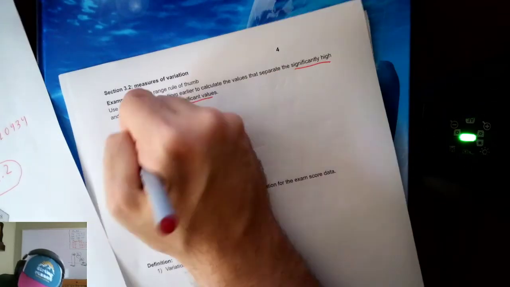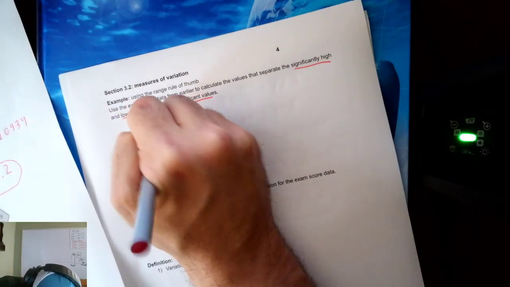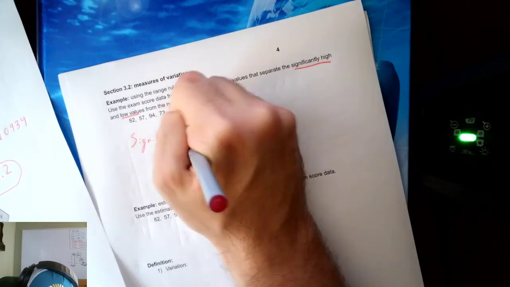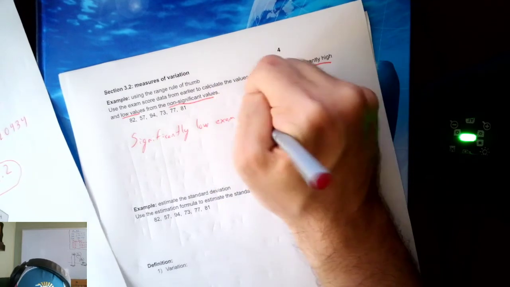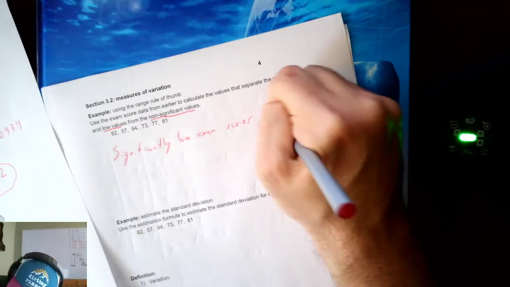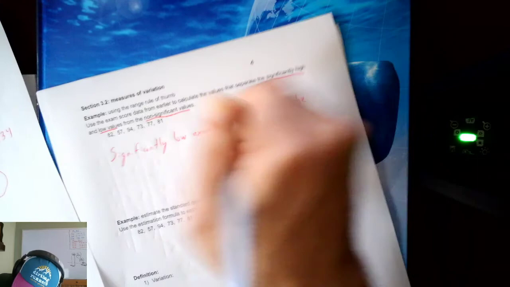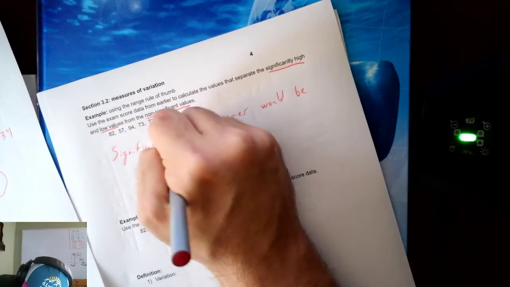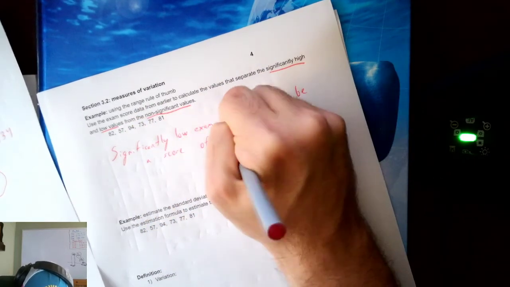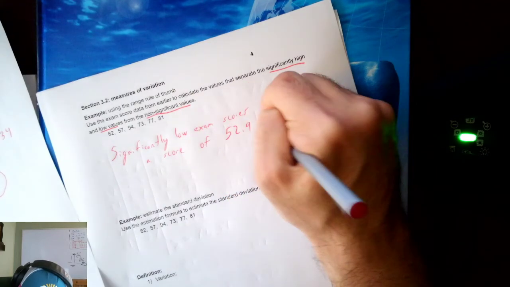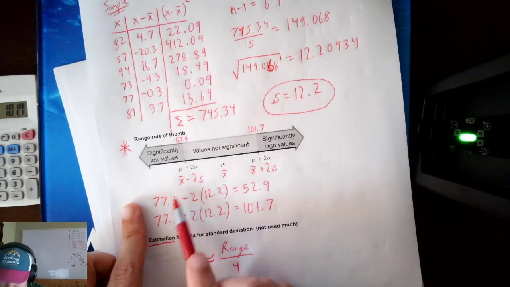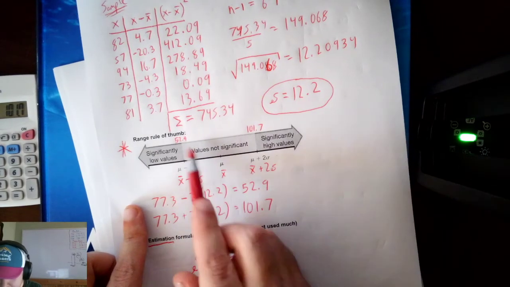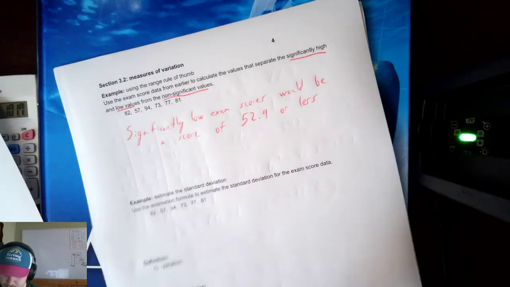Well, let's write: significantly low exam scores would be a score of 52.9 or less. That was the cutoff for significantly low when I calculated it, right? So I'll use that number in my interpretation.